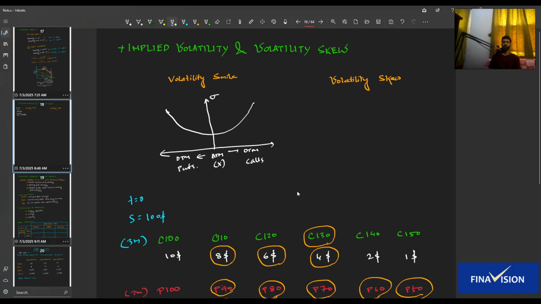Now this same thing, if this curve becomes skewed in favor of higher volatility towards out of money put options, then that becomes a volatility skew. This is a volatility skew.